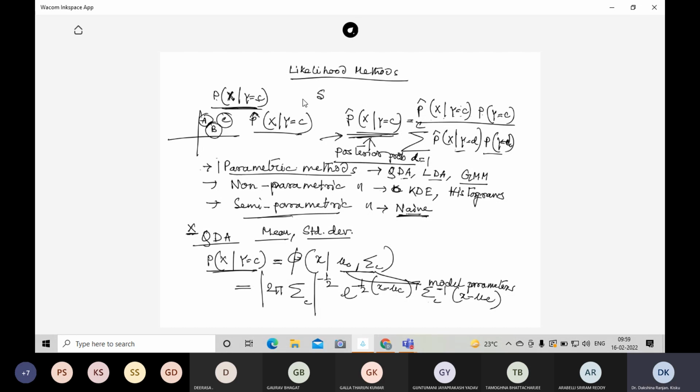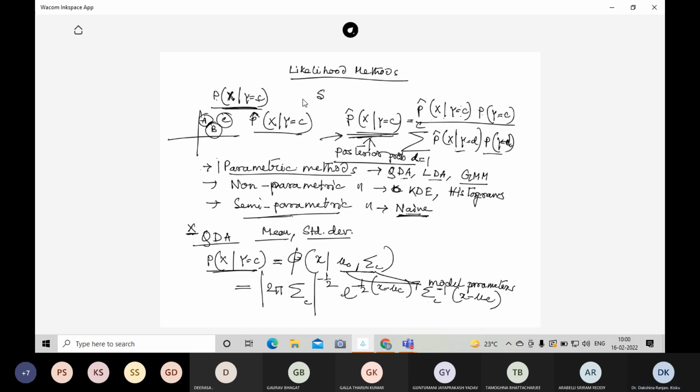Now what we do, for each class C, the likelihood function is a Gaussian density function. Since initially we have made an assumption about the parametric method, therefore we can say that for each class C the likelihood function is a Gaussian density.